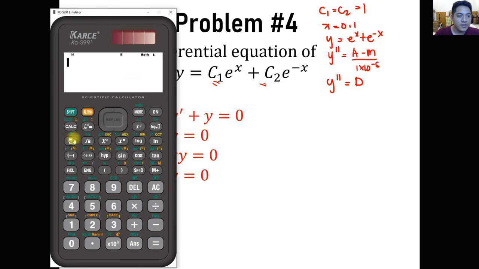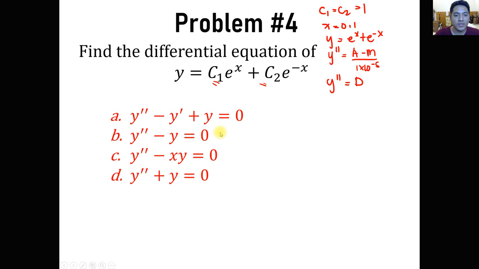So let's try. So you now have alpha A minus M all over 1 times 10 raised to negative 5. This will be our second derivative, which will be stored to D. Okay?